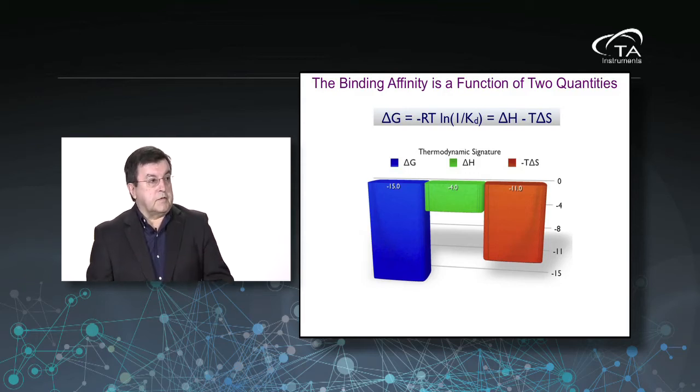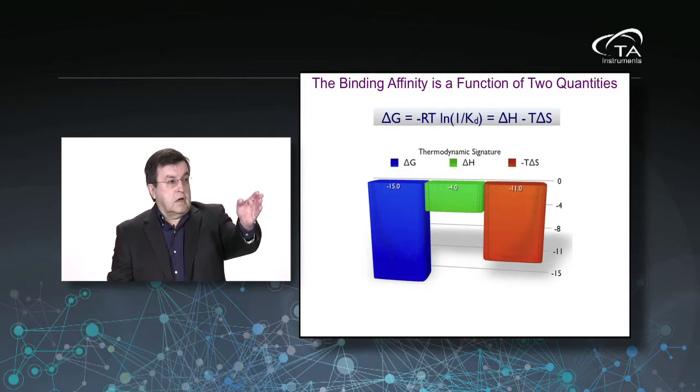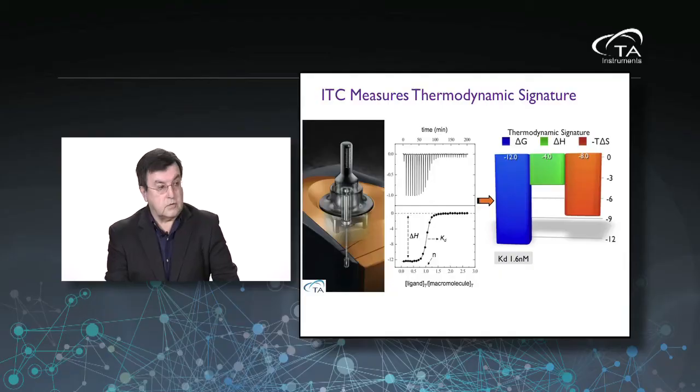We usually represent the affinity in terms of what we call the thermodynamic signature: the delta G, delta H, and minus T delta S. And that's a very visual, important way of looking at the binding characteristics of a compound, because in one single view you can have an idea of which are the dominant forces, enthalpic or entropic. And what we are going to do in the next minutes is try to unravel what are the forces that are behind the enthalpy and the entropy contributions to binding.